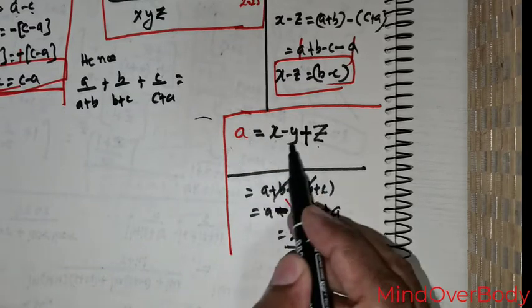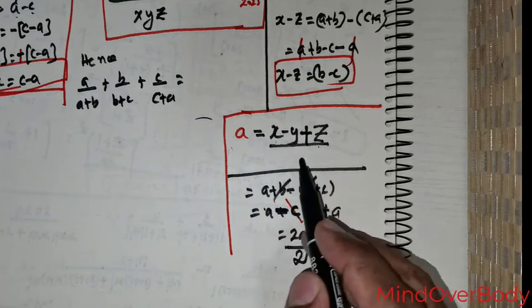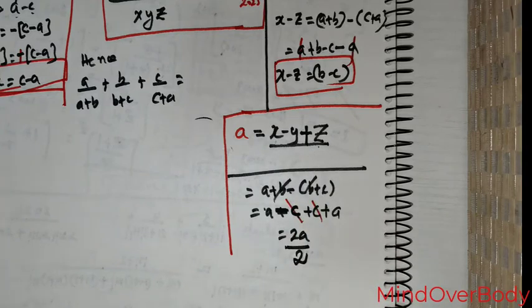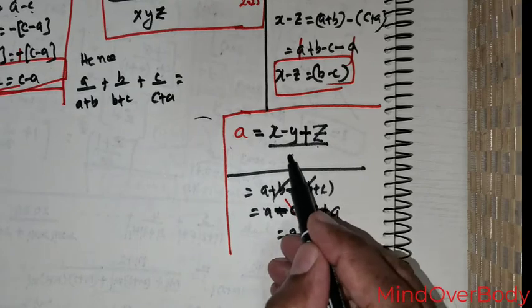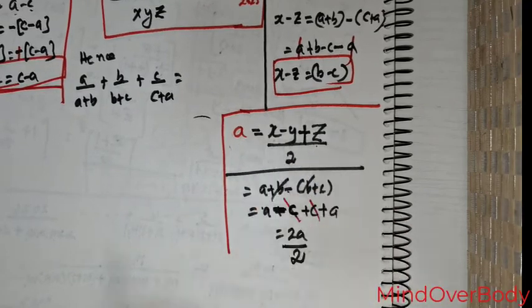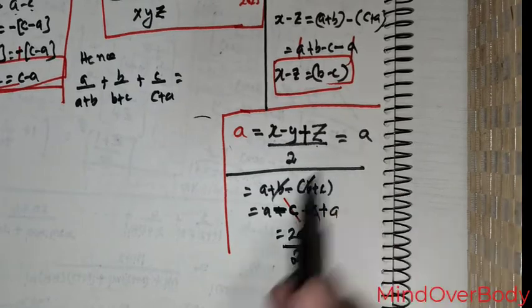If I were to divide by 2, I would get A. So this is going to be equal to A.